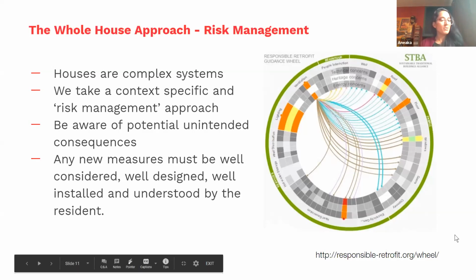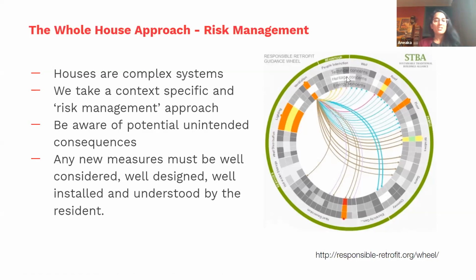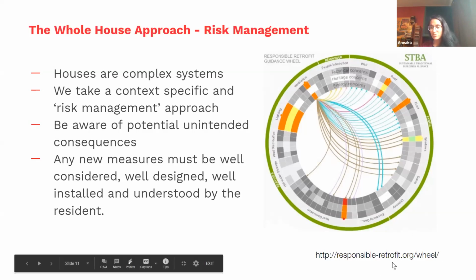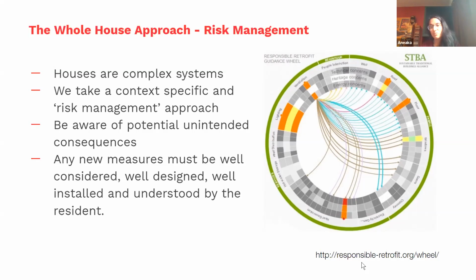So the idea of taking a risk management approach is to be aware that risks are there and that we need to try to understand what unintended consequences might arise from those risks. On the right-hand side of this screen, there's the responsible retrofit wheel.